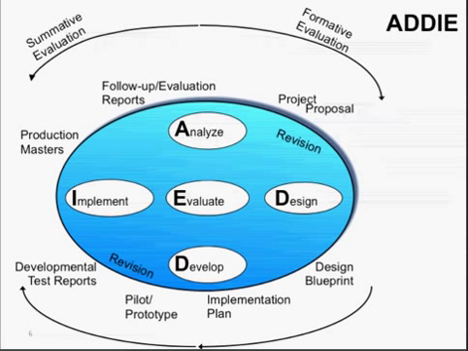Now, one of the systems that we use is the ADDIE model, and ADDIE is just an acronym with 5 letters to it: analyze, design, develop, implement, and evaluate. If we think about analyze, that's just saying, what are we talking about? What does the organization need?